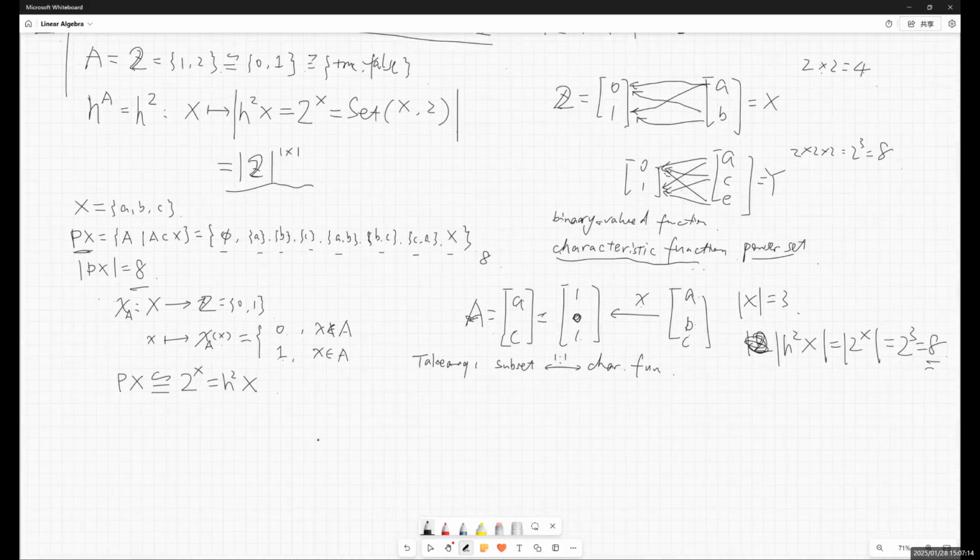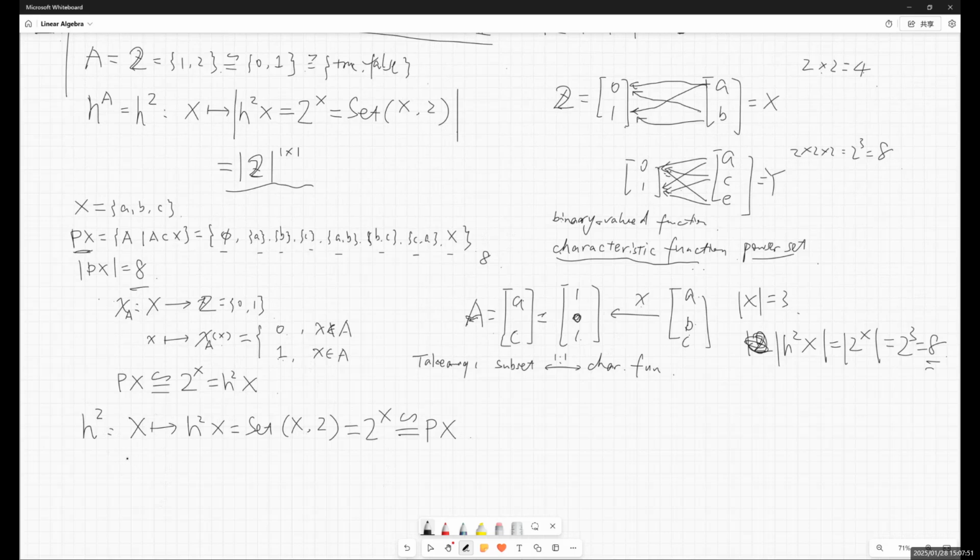Okay, by this way, using a covariant, a contravariant home functor, we can make any set into the set of functions from that set to the binary set, denoted like this. It is essentially the power set.